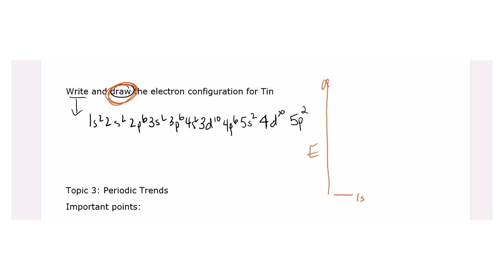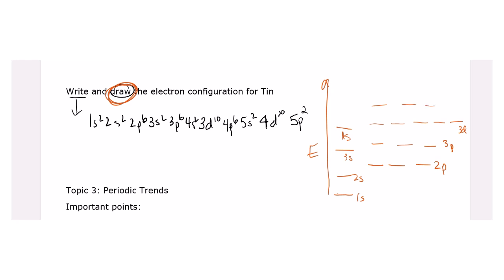What comes after 2s? 2p. After that, 3s, and then 3p. Then 4s, then 3d10 has 5 spots, and then we go to 4p.